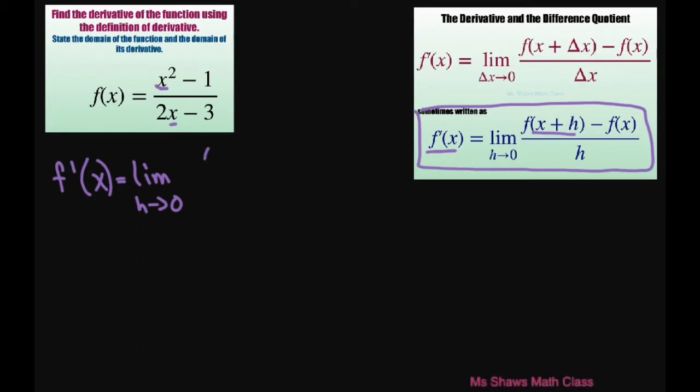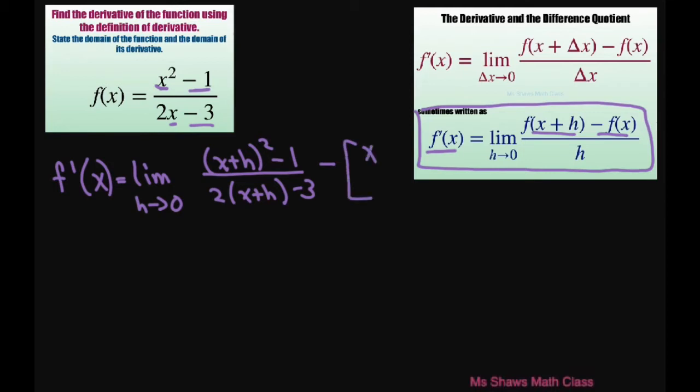So this is going to be x plus h squared minus 1 divided by 2 times x plus h minus 3. And don't forget to include those. And then you subtract the whole function. So we're subtracting x squared minus 1 divided by 2x minus 3. And then we're dividing this whole thing by h.